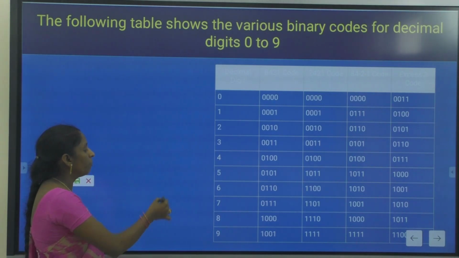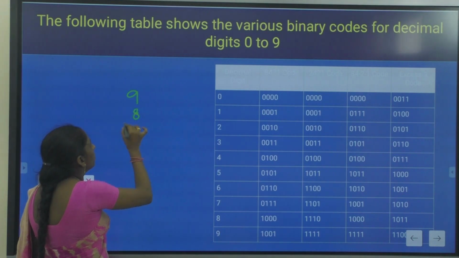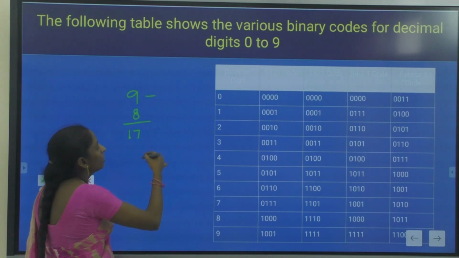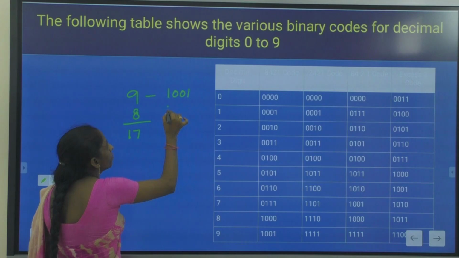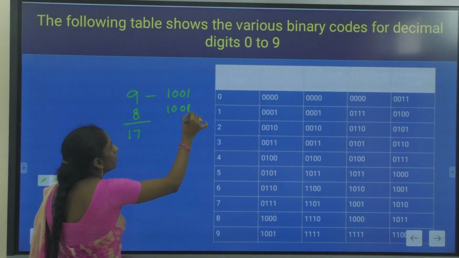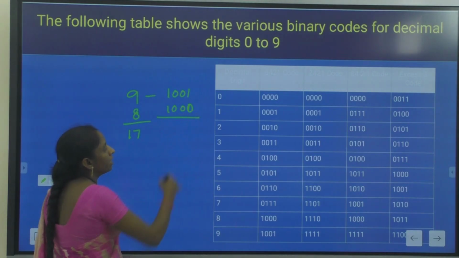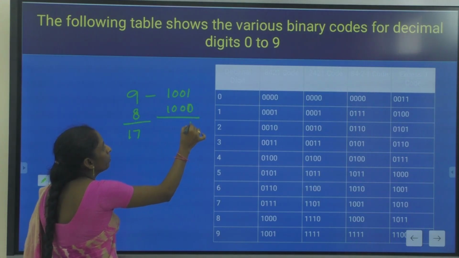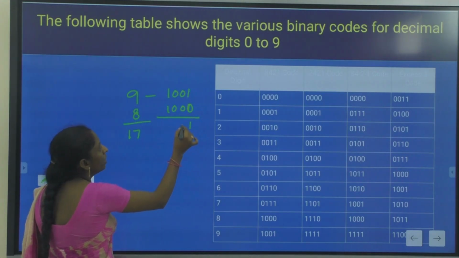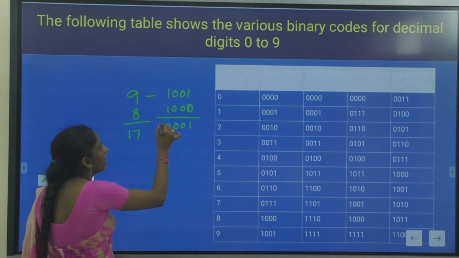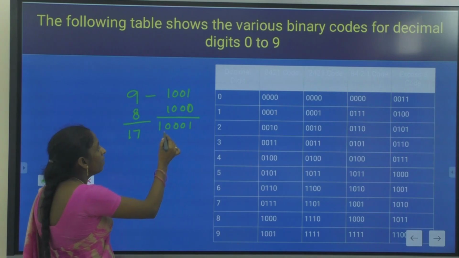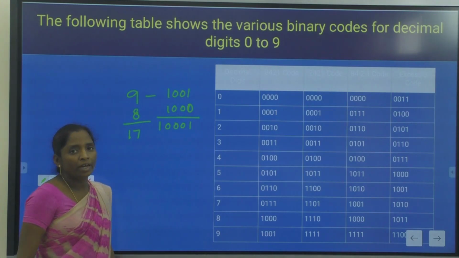For example, if you add 9 plus 8, you get 17. So write 9 as 1001 and 8 as 1000. Now add this one. 1 plus 0, 1. 0, 0. 1 plus 1, 0 with carry 1. Here the sum is less than 9 but we get the carry.